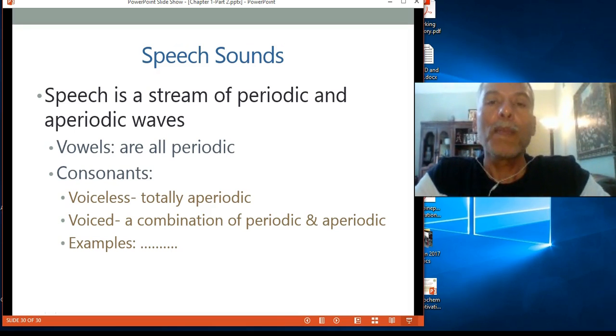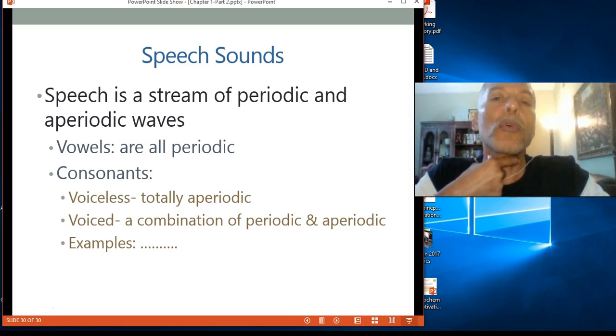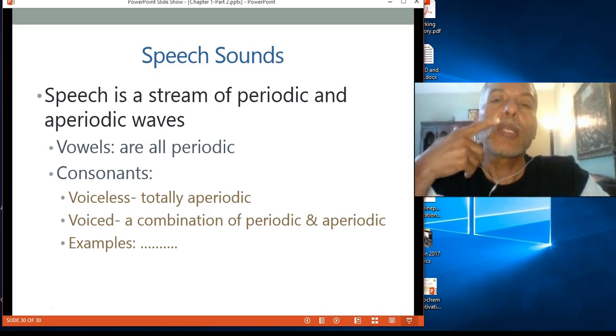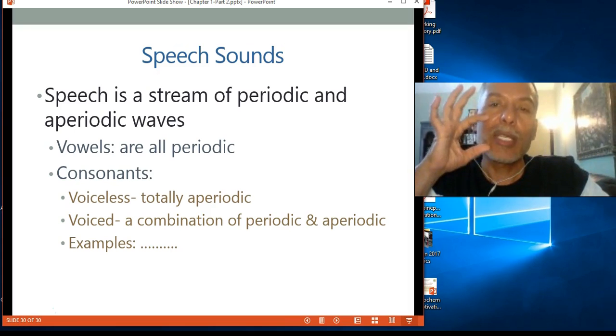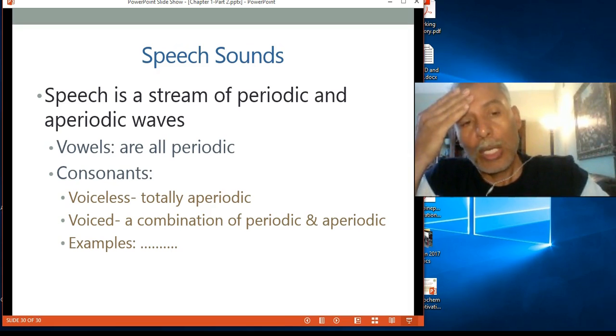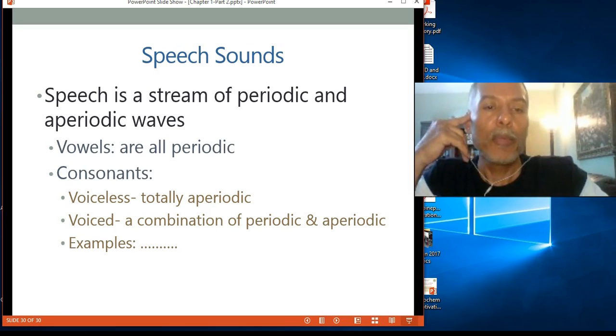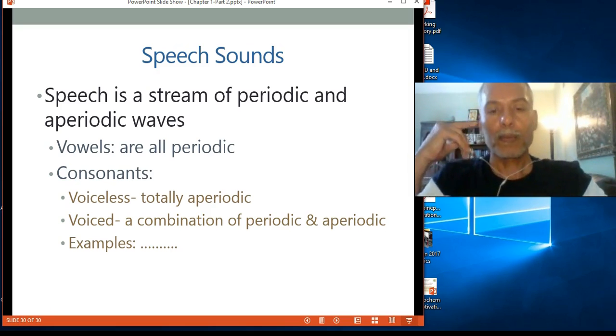Another sound, say F. No vocal fold vibration at all, but you get the sound here. So any sound that is made in the oral cavity is going to have some noise or aperiodic tones, and any sound that comes out of the vocal folds will have periodic or pure tones.